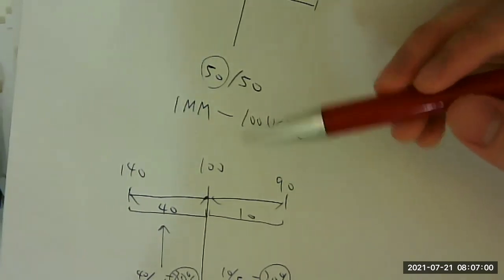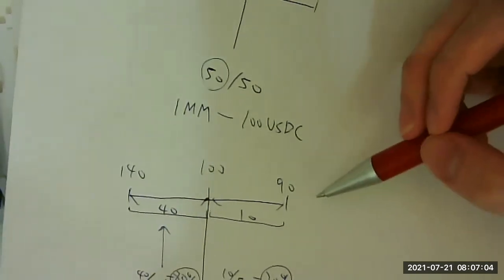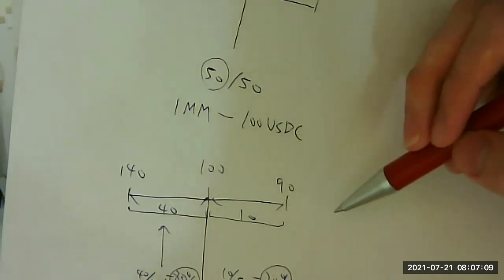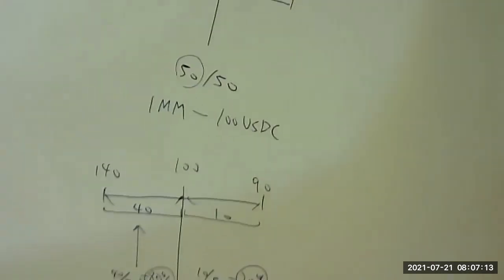They'll be exchanging their NM with your USDC until you run out of your USDC. And when all the other liquidity providers also run out of USDC at that specific range, then you'll continue to drop.